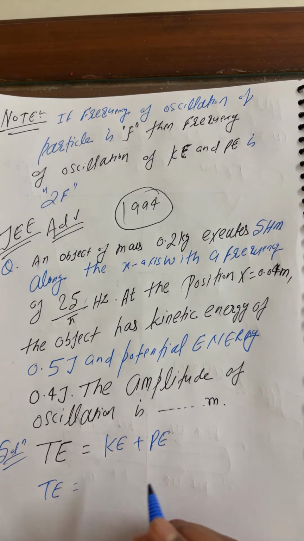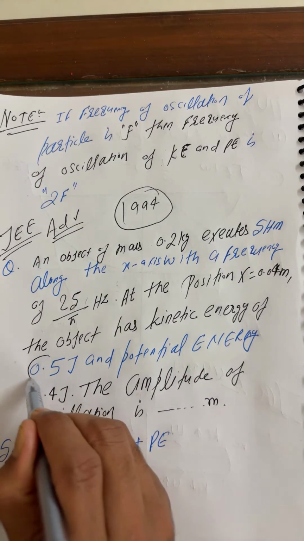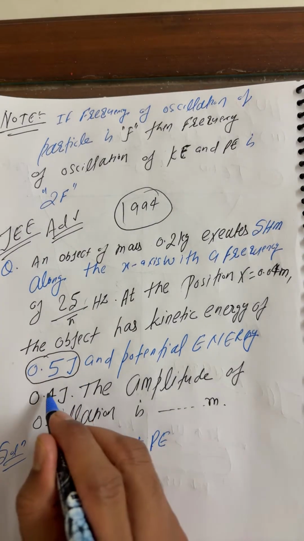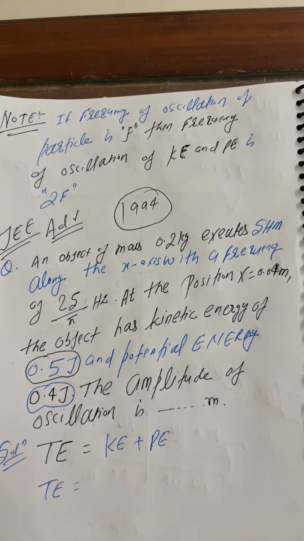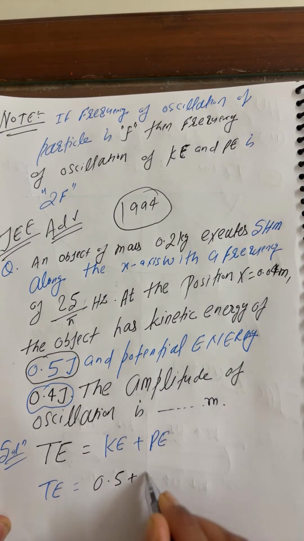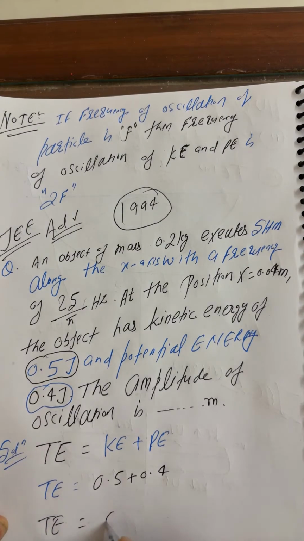The kinetic energy mentioned is 0.5 joule. Potential energy is 0.4 joule. So you can say 0.5 plus 0.4, so total energy you can write is 0.9 joule.